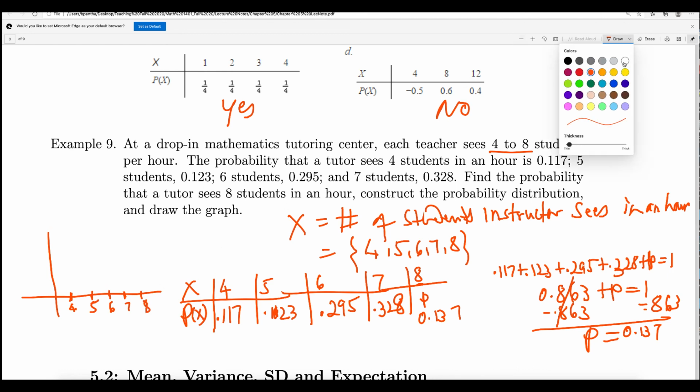And then look at this: 0.117, 0.123, 0.295, 0.328. So the biggest one is like 0.33, right? So what you do is 0.1 here, 0.2, and 0.3, and maybe 0.35 here. So you just do a rough estimate there.